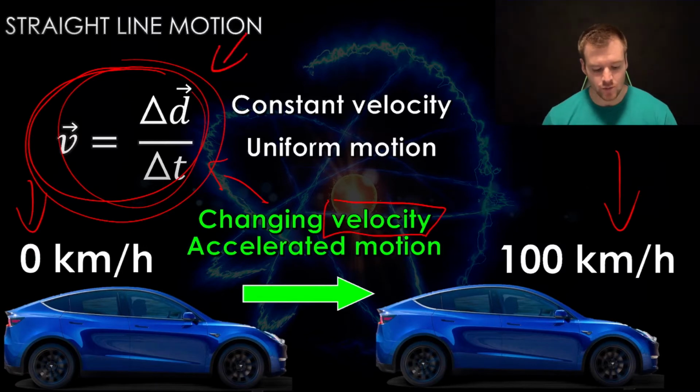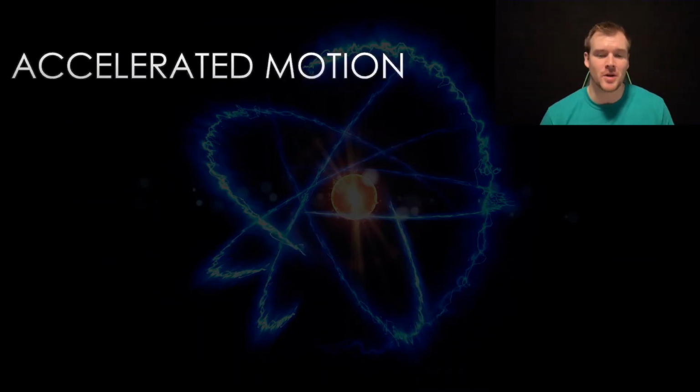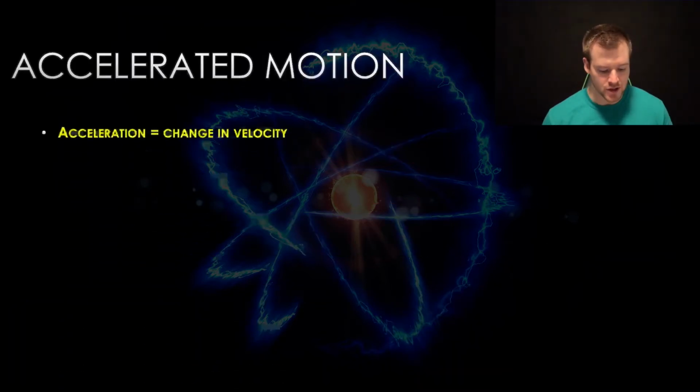So that's what this formula is going to do. It works well for constant or uniform motion, and if it's used for an accelerated case, it's going to give you the average number. But we're not really that interested in the average number. We want to figure out what's happening at those specific moments in time or how fast it's speeding up or slowing down. So what's going to give us a lot more information about acceleration is the equation we're going to look at today.